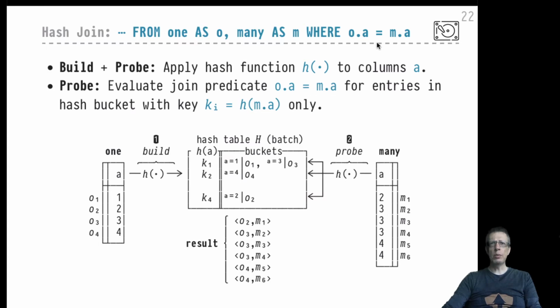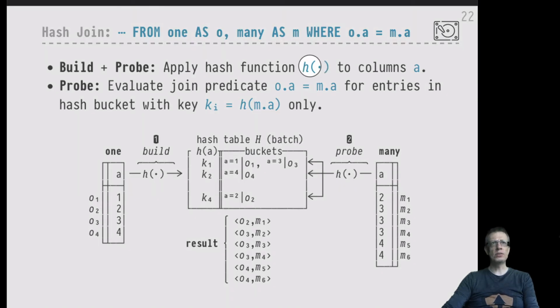Well, hash table construction won't be possible without a hashing function. So with each hash join implementation comes a hash function. This is function h here, which we will apply, of course, to the values found in the join columns A. And this is the case for both participating tables.